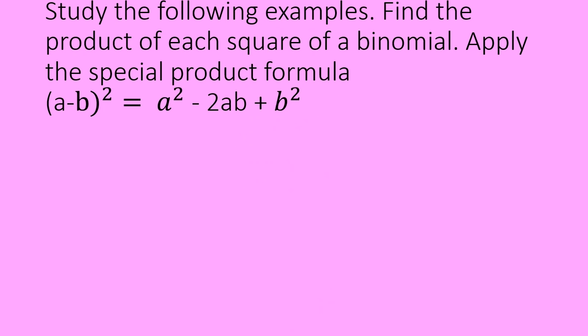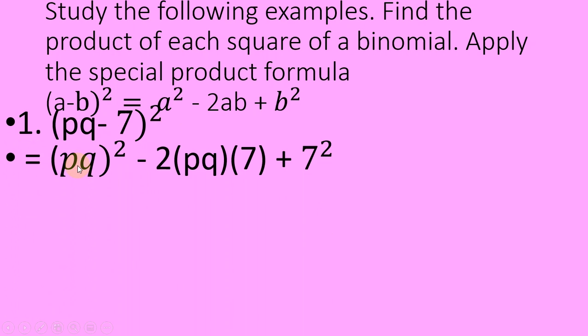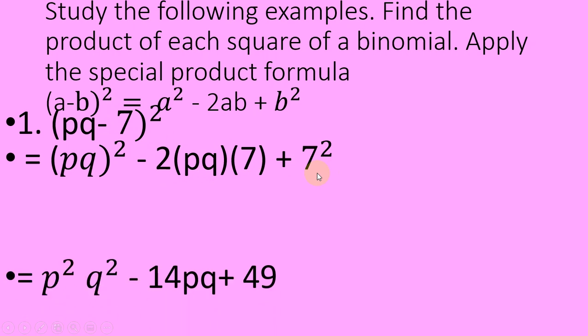Study the following examples. Find the product of the square of a binomial. Apply the special product formula. (pq minus 7) squared. According to the rule, square the first term, which is pq, then twice the product of the first term and the last term, which is 2 times pq times 7, and then square the last term, which is 7.